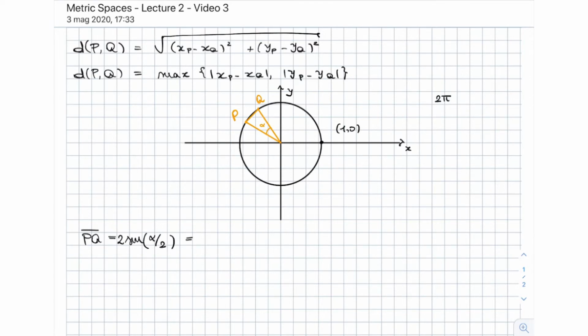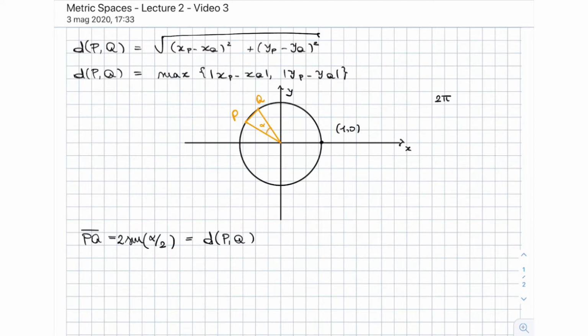And this is also equal to the distance between P and Q, as we know that the length of the segment connecting 2 points is equal to the distance between the 2 points for the metric given here.